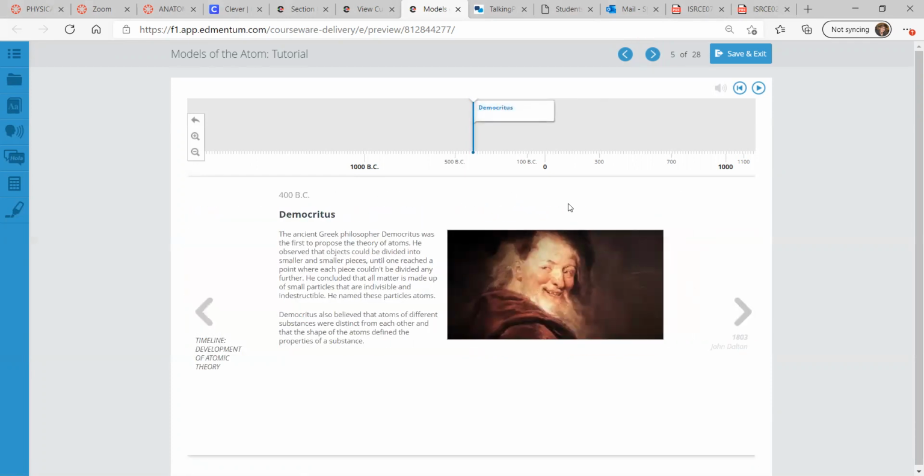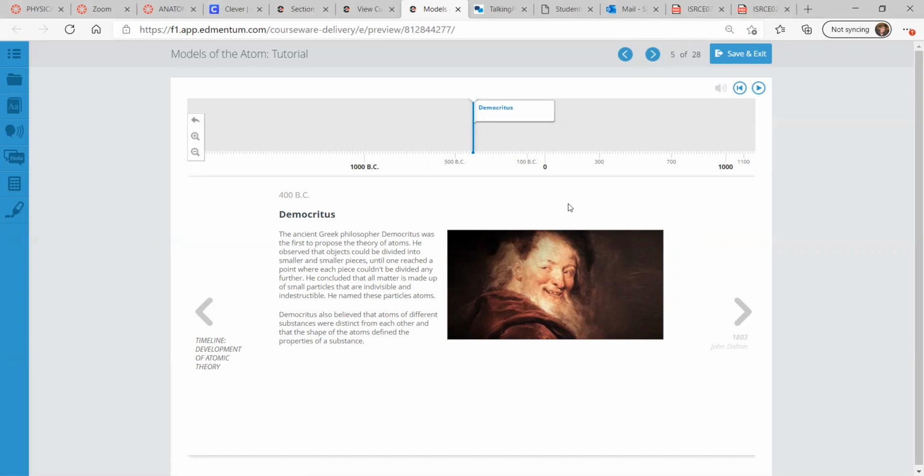So around 400 BC, Democritus, an ancient Greek philosopher, was the first to propose the theory of atoms. He observed the objects could be divided into smaller and smaller pieces until one reached a point where each piece couldn't be divided any further.